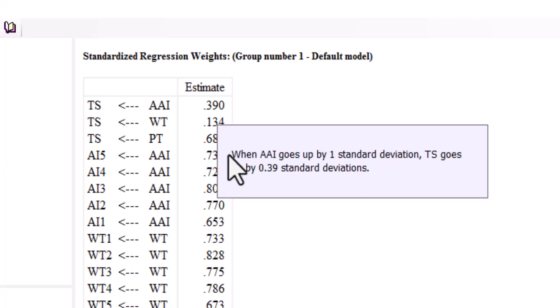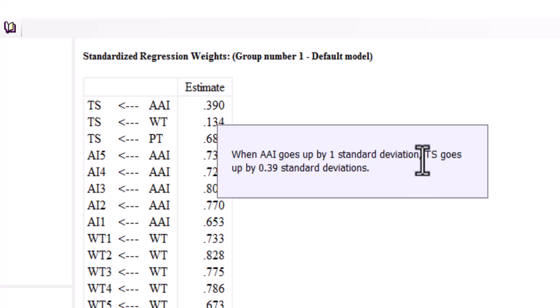So it says when AI goes up by 1 standard deviation, TS goes up by 0.39 standard deviation. So the main difference here between the standardized regression weights and the regression weights themselves is that for the standardized regression weights, we talk about standard deviations.